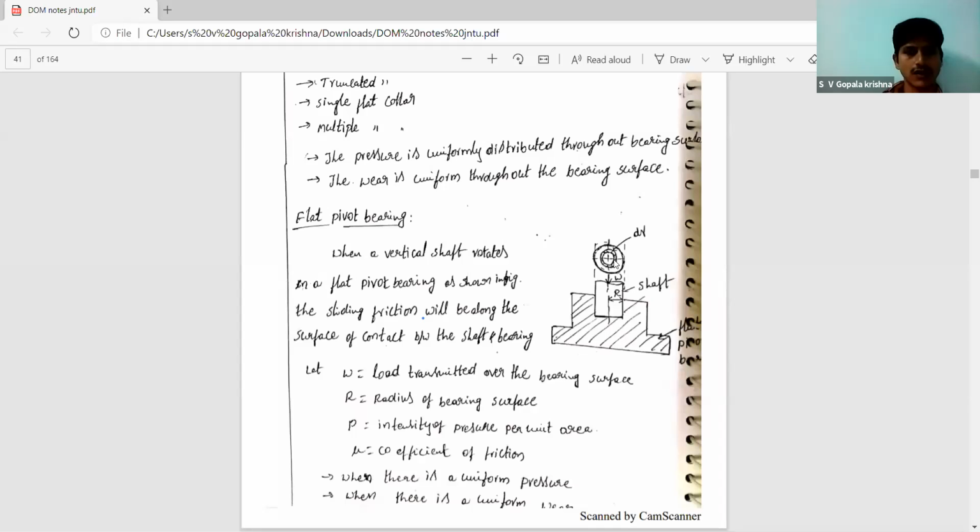Flat pivot bearing. Just observe that these are general. What we discussed in the previous class was the journal bearing. Are you able to see my screen?